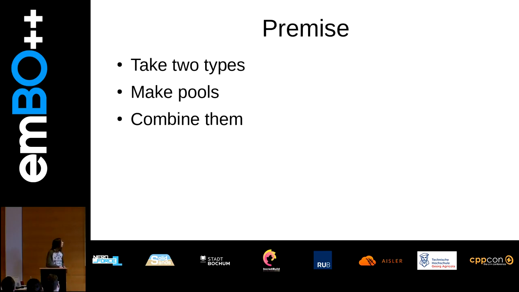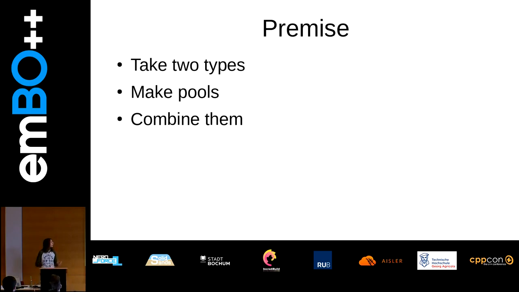Okay, so first of all, what exactly happens when you create a type-based allocator? So say, for example, you want to create a type-based allocator with an element of size 3 and a type of size 4.